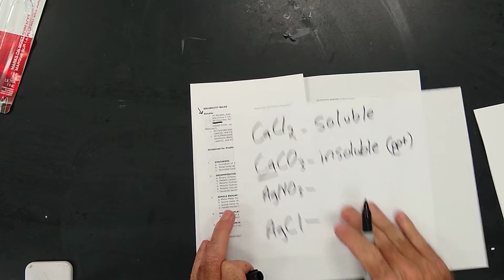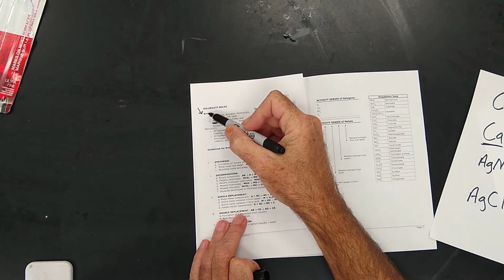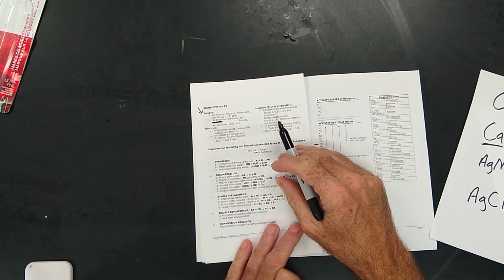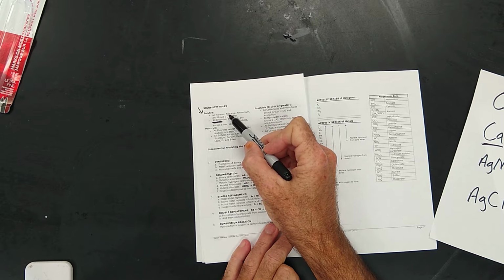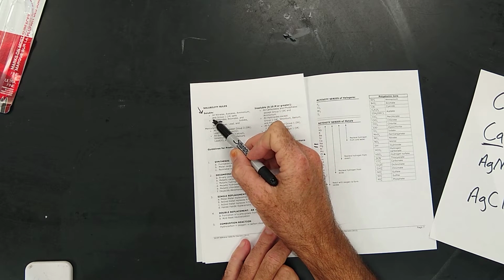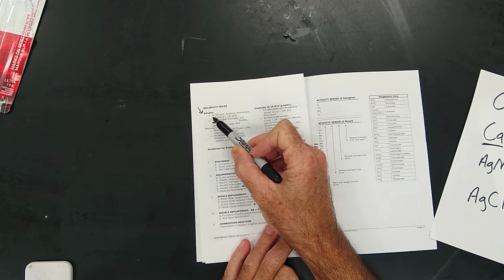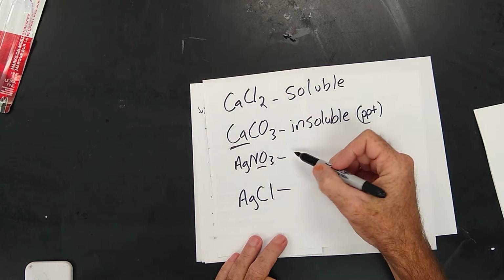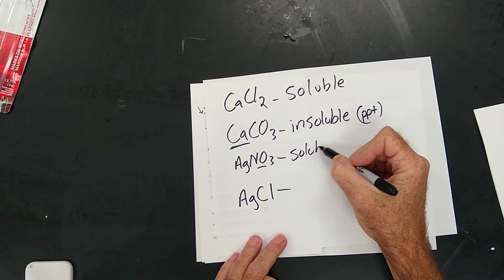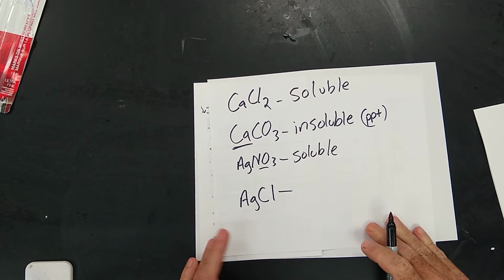Silver nitrate. Let's see if it is soluble or insoluble. Look at the first bullet point. All nitrates, acetates, ammonium, and group 1 salts are soluble. So all nitrates are soluble. So silver nitrate is soluble.